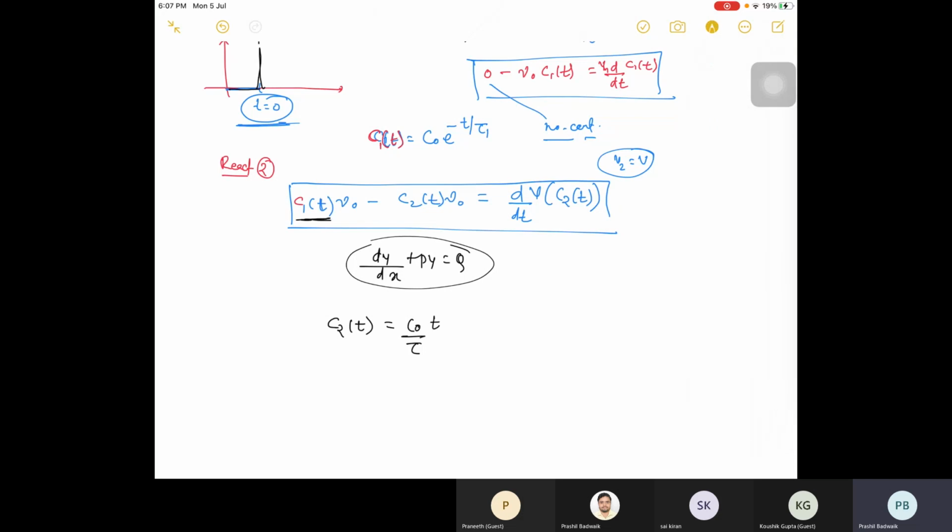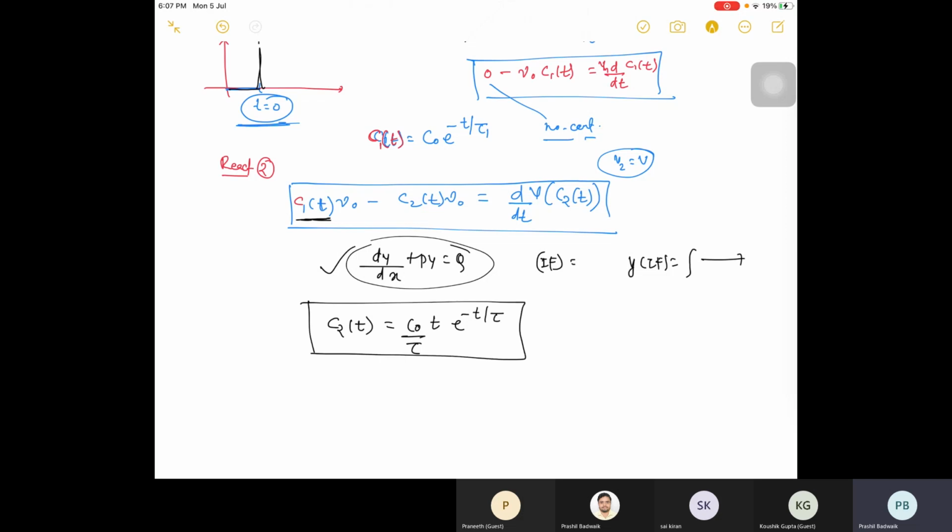I'm just writing directly; you need to find it using this. Maybe you know how to solve a linear differential equation, right? You need to calculate the integrating factor. Then y into the integrating factor is equal to the integration, and all the formula you know. Based on that formula, you will have this equation, t divided by tau.